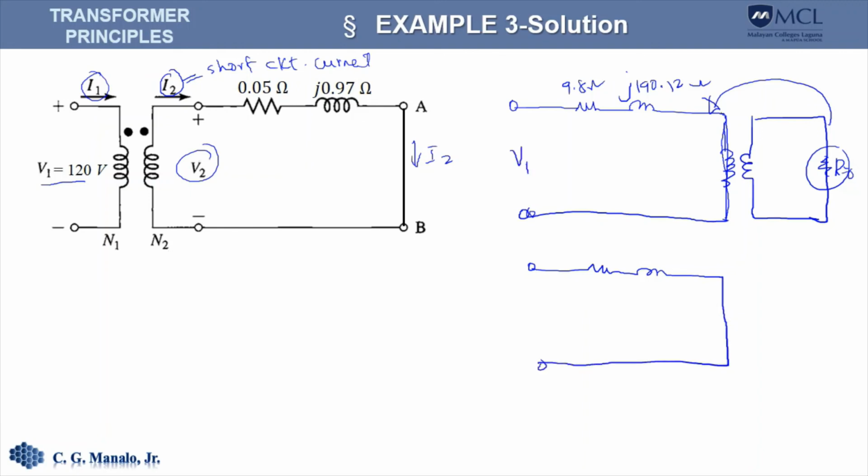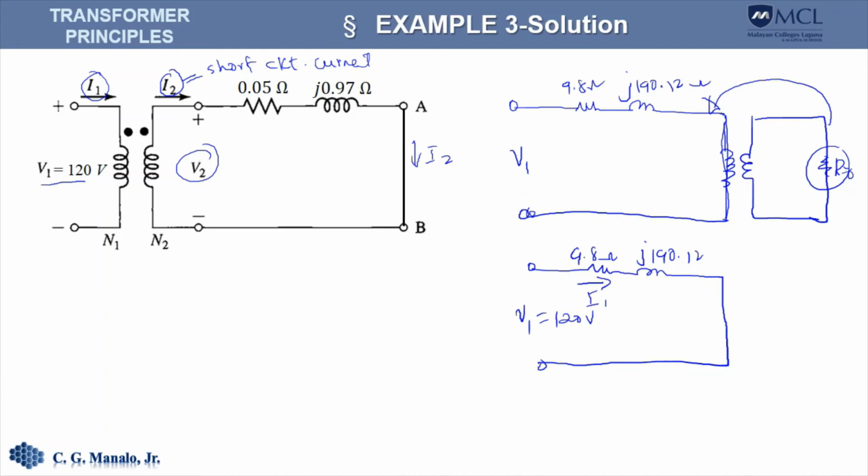So this is V1. This is a simple circuit from which we can get I sub 1.